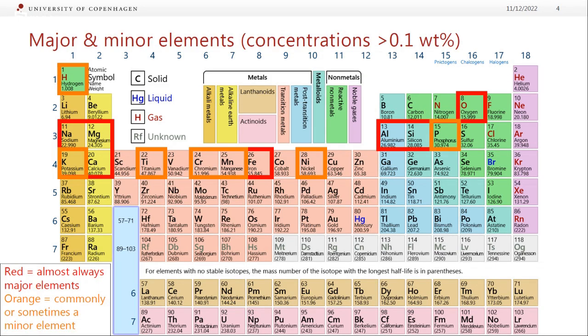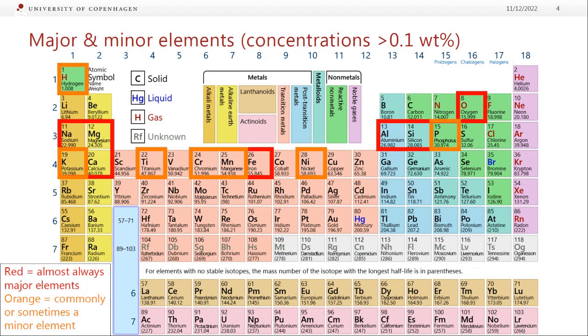So everything we've dealt with so far has been major or minor elements, and I've put boxes around them here on the periodic table. The ones in red are almost always major elements in igneous rocks. The orange ones are often minor elements. Some of them can be trace elements, some of them can be major elements.